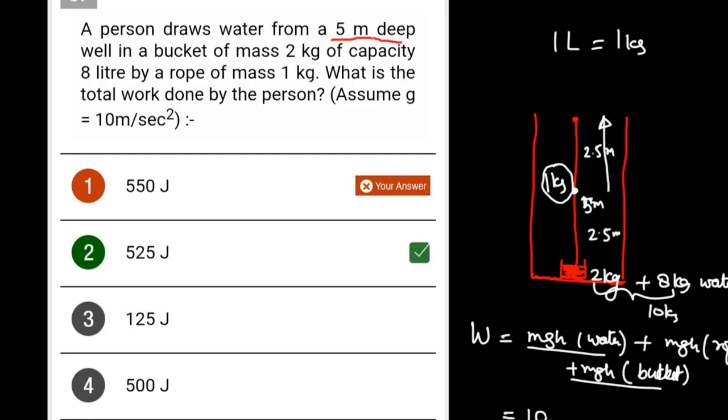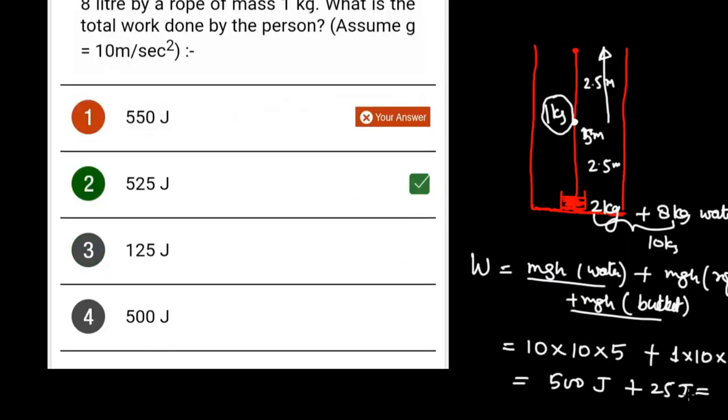So 10 times g, which is 10, times 5, and in the case of the rope it is 1 kg, g is 10, and this is 2.5. So this will be equal to 500 joule plus 25 joule. Altogether it is 525 joule. So this is the answer.